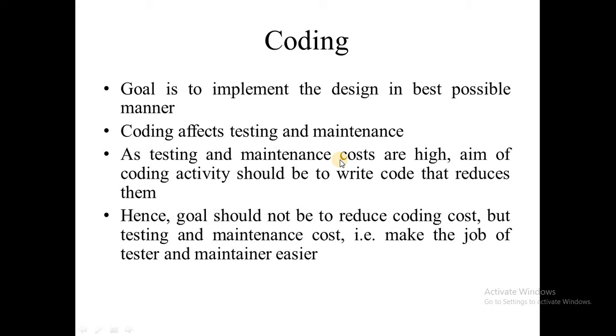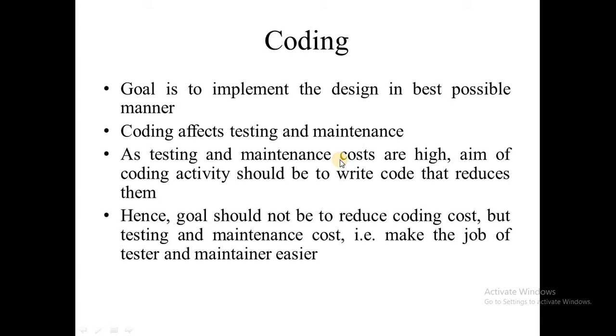An instruction is just like a statement. A set of instructions is called a program. A set of programs is called software. So ultimately, software means a set of programs, and a set of programs means a set of instructions. So coding means writing instructions using programming languages.